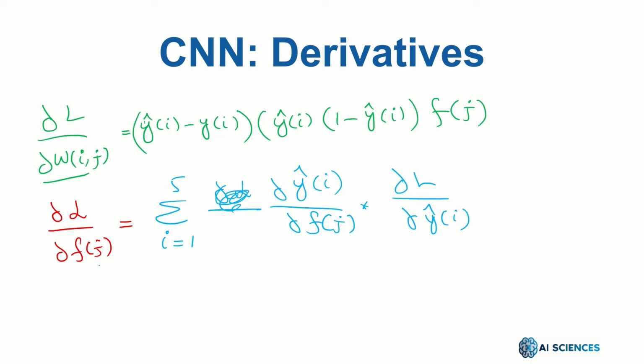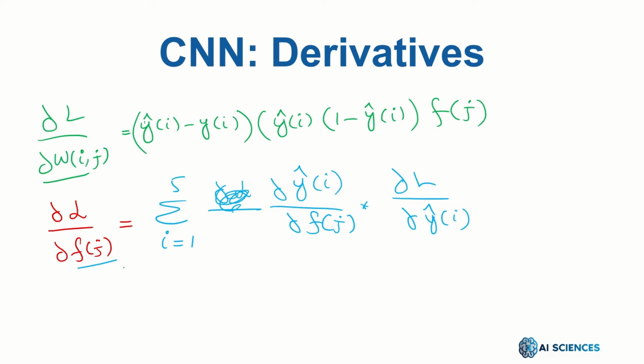You might be thinking f is not a parameter, why are we computing the derivative with respect to it? Well, y hat is also not a parameter. We will compute this differentiation just to backpropagate to compute the actual parameters. So yes, that is true, the vector f does not contain parameters, but differentiation with respect to that will lead to the differentiation of the parameters that we eventually need.